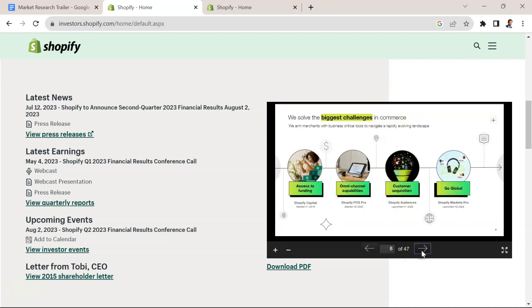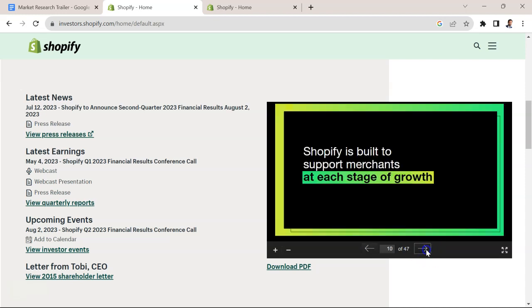Through these presentations, you can also learn that Shopify is using different approaches to acquire small businesses versus solopreneurs versus large businesses. So for large businesses with Shopify Plus, for example, they focus a lot on big events, whereas they rely more on content marketing to acquire smaller businesses. You can also get ideas for customer acquisition by going through this.